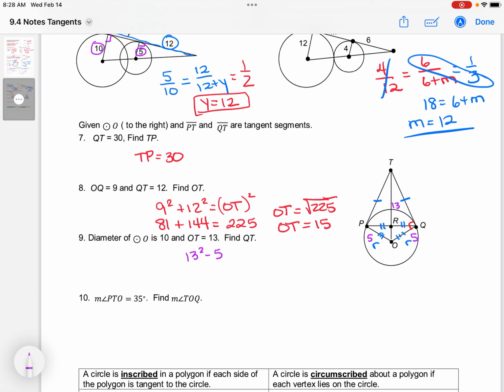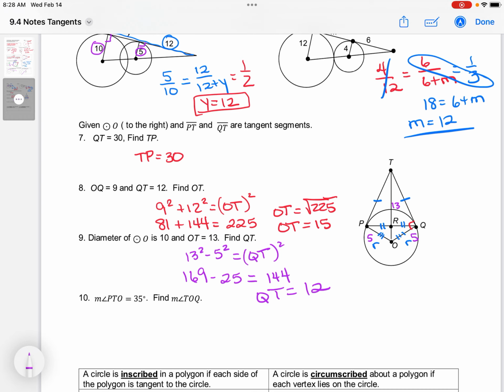That means we have 13 squared minus 5 squared equals QT squared. So we have 169 minus 25, which is 144. So QT equals 12.